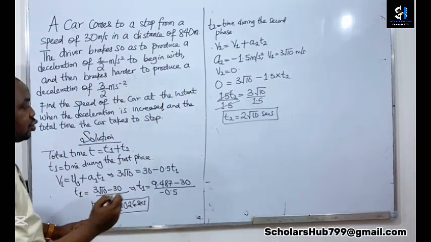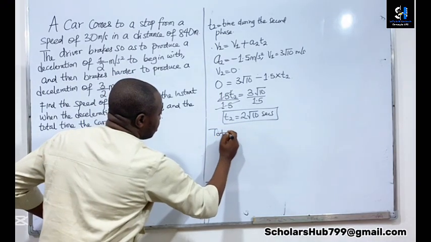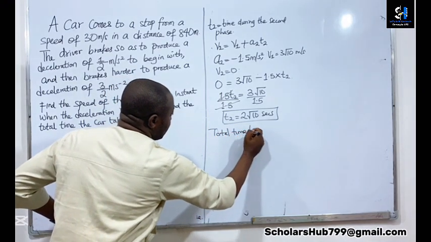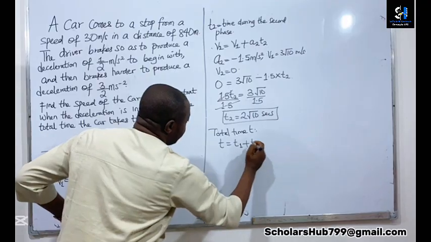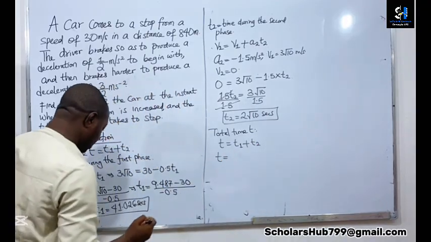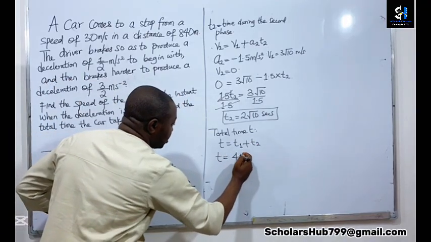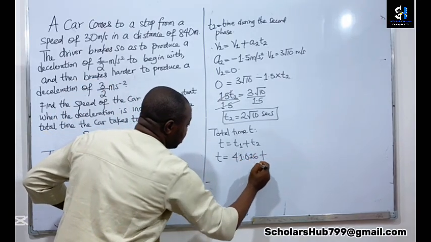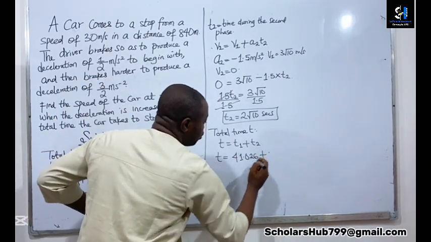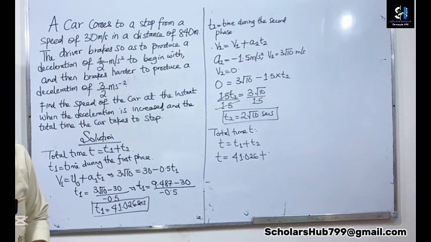Now the total time, which is T, equals t1 plus t2. So the total time will be the first time we calculated, which is 41.026, added to 2 root 10. What is 2 root 10?